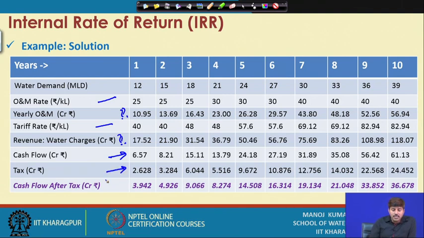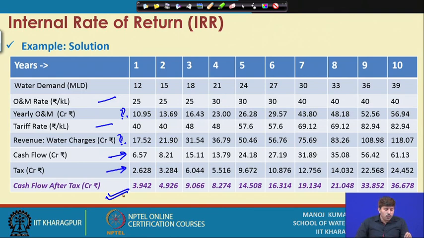So, finally we will get the cash flow after the taxes. That is one useful piece of information here: we got the cash flow after the taxes, exactly similar to the previous problem that we took while discussing the net present value.